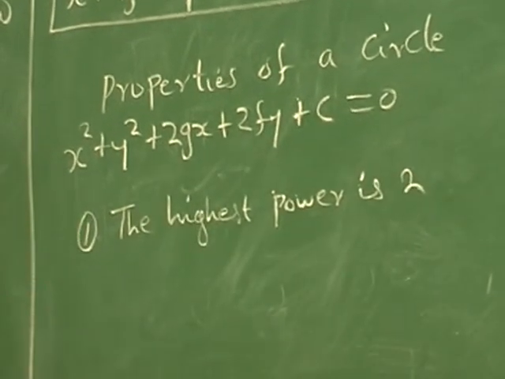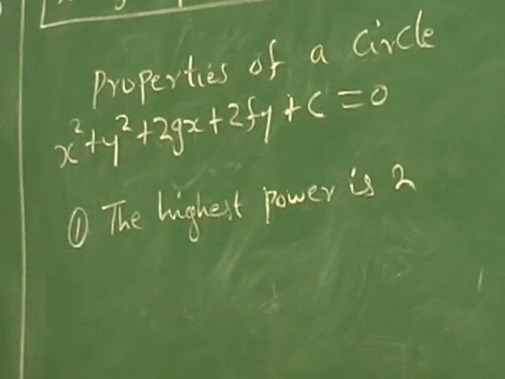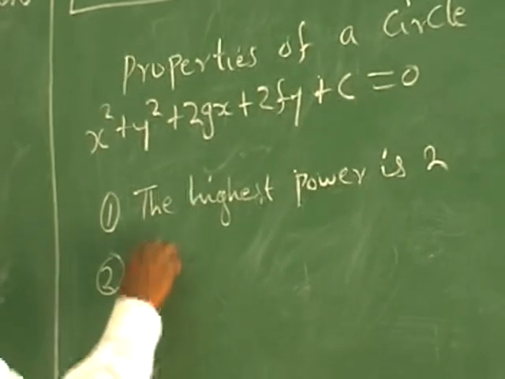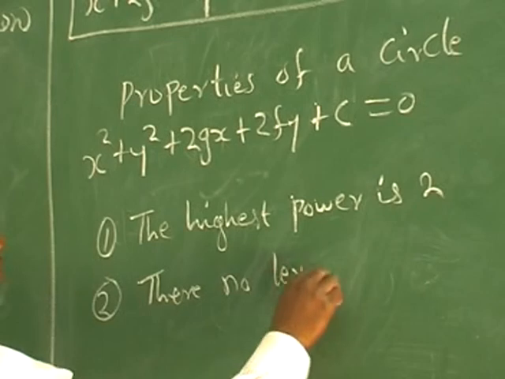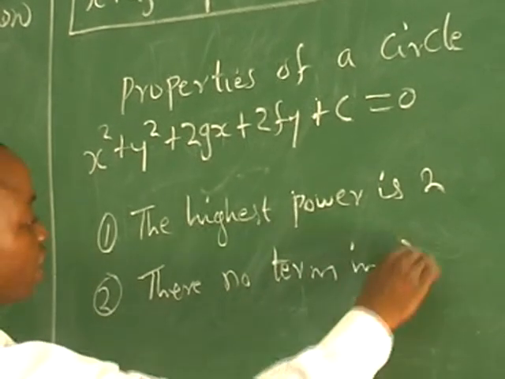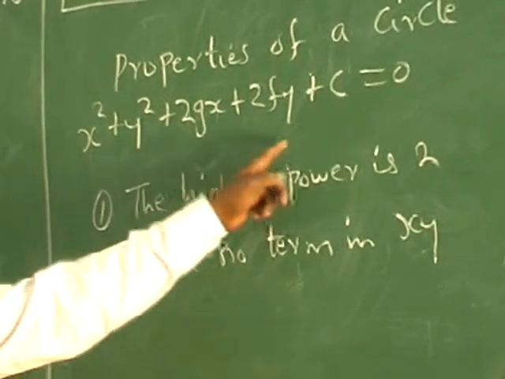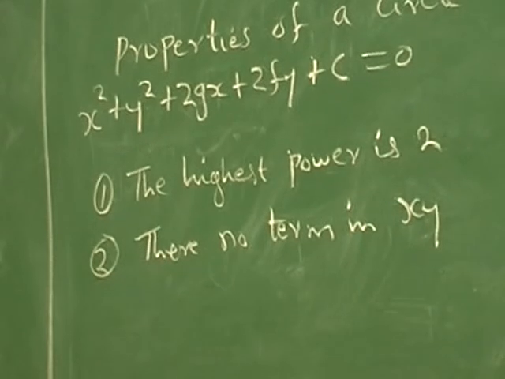That is, it is of degree 2. The highest power that the equation has is 2. And we also find out another thing, that there is no term in xy. There's no term in this equation that we have xy as the product of x and y.